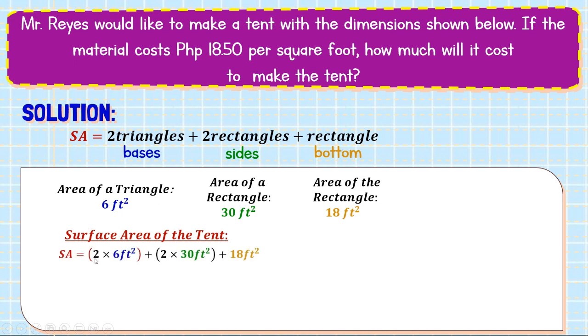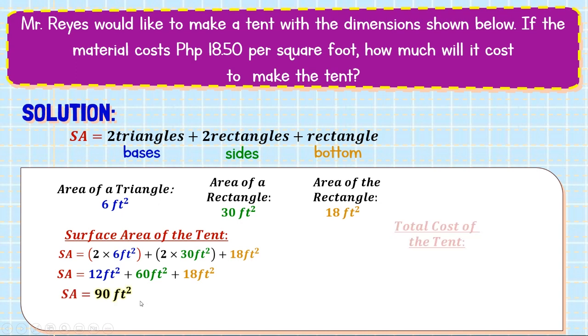So 6 square feet because we have 2 bases, so 12 square feet. Then we have 30 times 2. The answer is 60 square feet. Then plus 18 square feet. Therefore, the total surface area is 90 square feet.